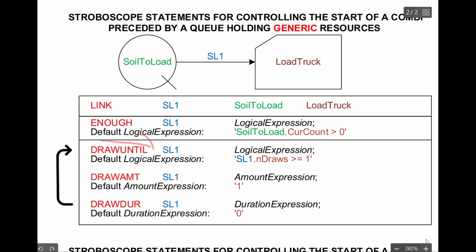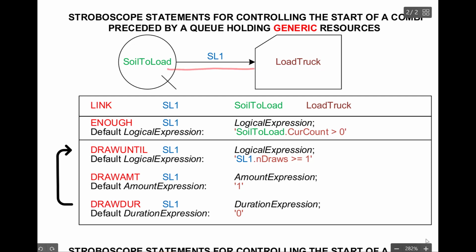The first one is draw until, which controls how many times we're going to draw from the preceding queue through link SL1. So it is possible to draw multiple times from the preceding queue and put the resources, in this case soil, into the instance of load truck.